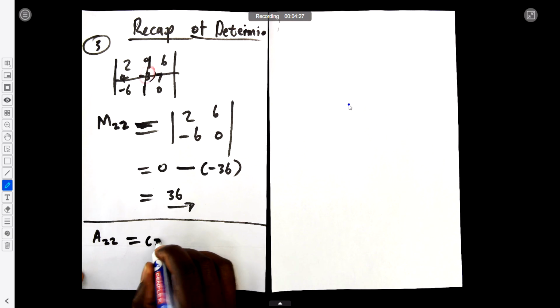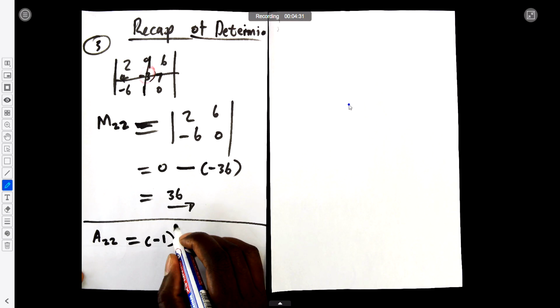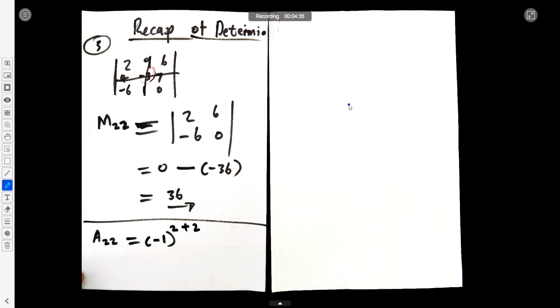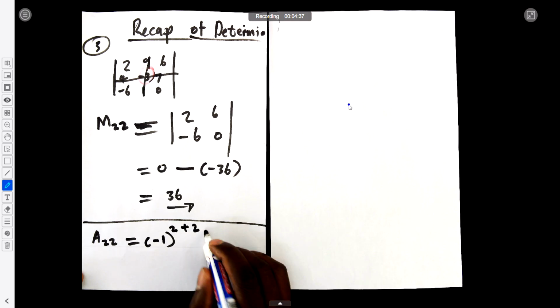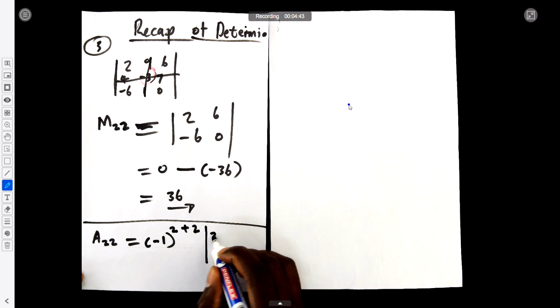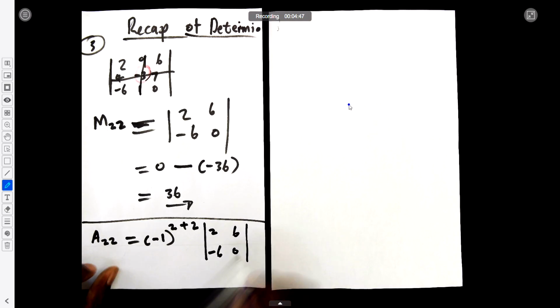But we need the cofactor formula. It must be -1 to the power of i plus j. So we know it's in row 2 plus column 2. Therefore, that is multiplied by the minor of the element. The minor of the element we just calculated up there, but just write it this way: 6 and 0. That is the minor of element -3.